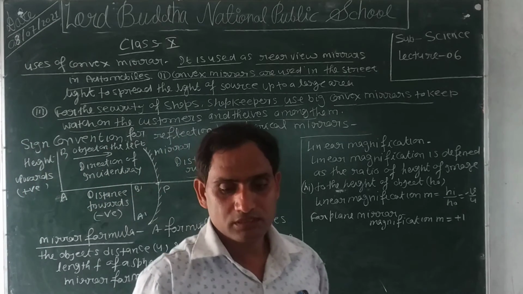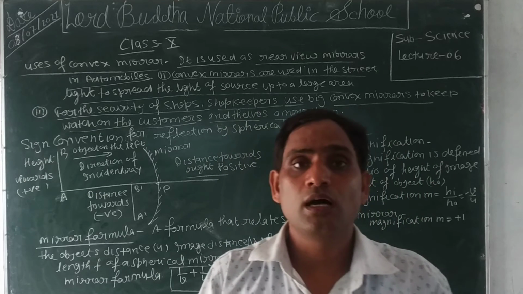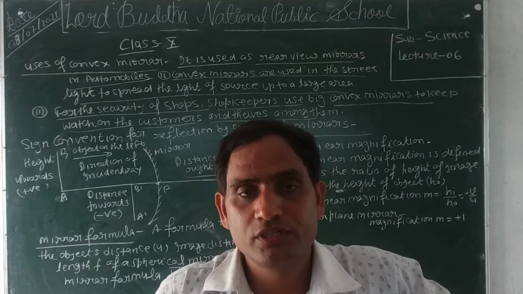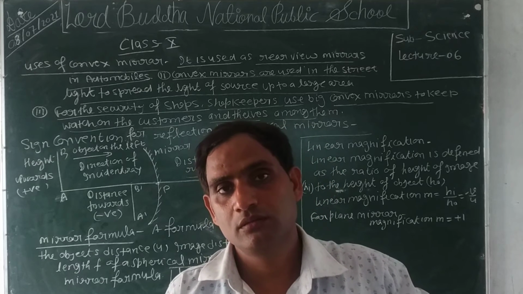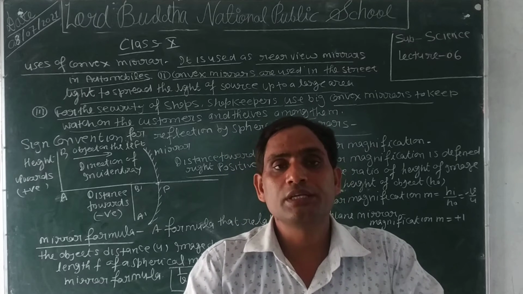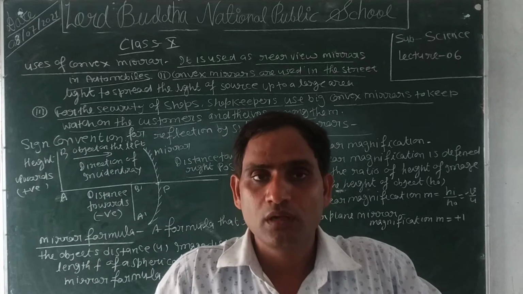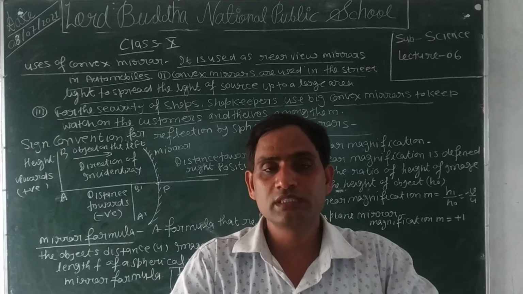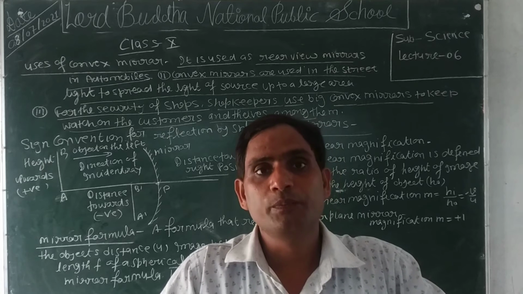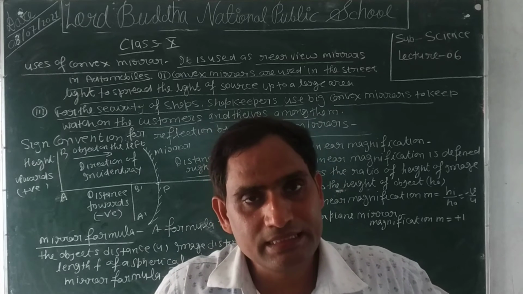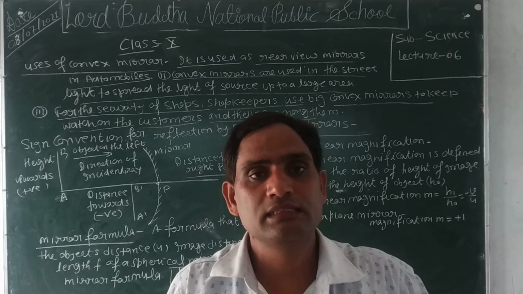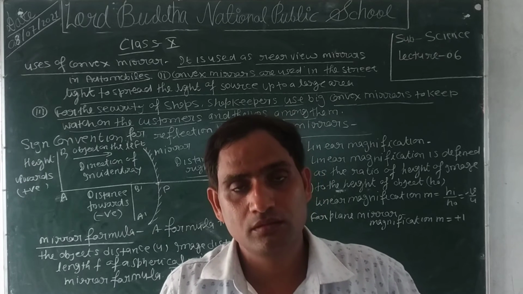According to sign conventions, the object is always placed left to the mirror, and the pole of the mirror is taken as origin. All the distances are measured with respect to the pole. The principal axis is taken as the x-axis, and the axis perpendicular to the principal axis is taken as the y-axis.